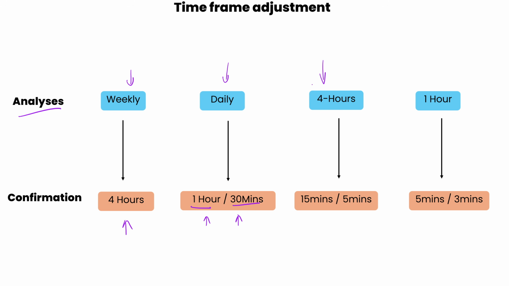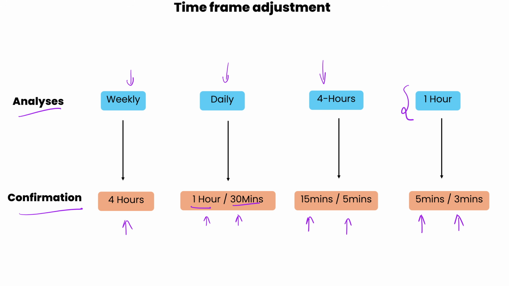And then you have the 4 hours as your higher time frame analysis. And then you will use the 15 minutes and the 5 minutes to confirm that entry. So even if you are using the 1 hour time frame, you will have the same scenario on the 5 minutes and the 3 minutes as your confirmation entry. That's how at least you can try to understand it.